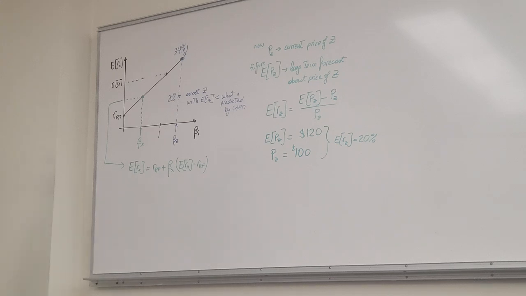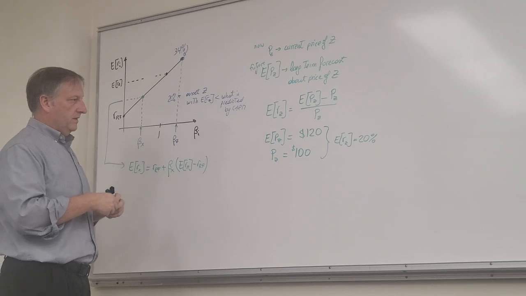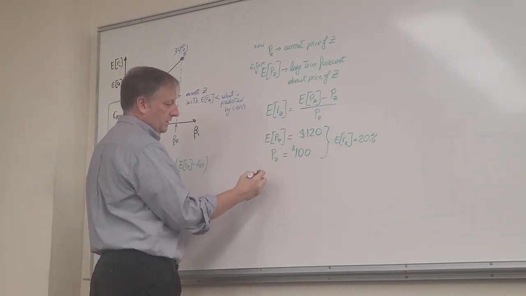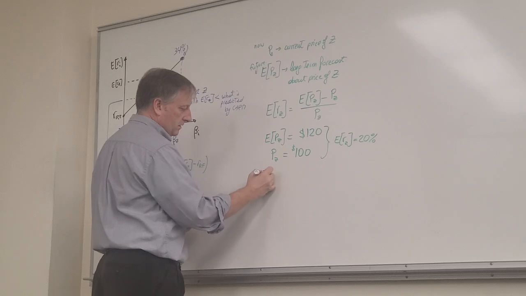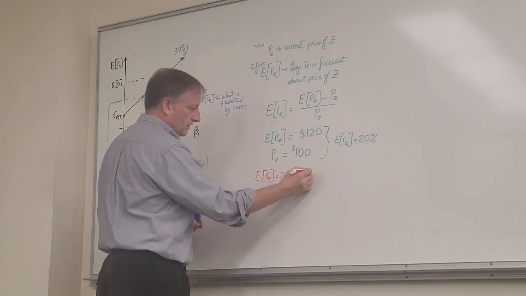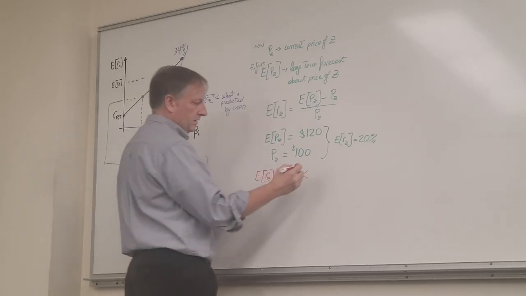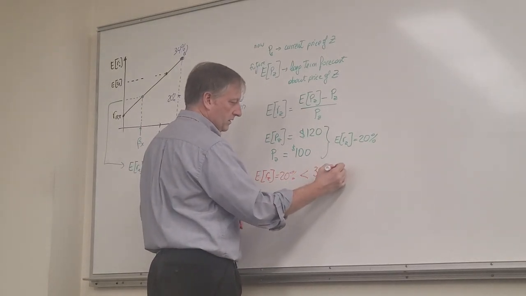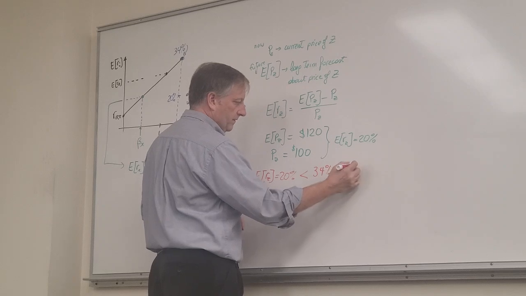So you realize that your forecasted return on Z, which is 20%, is less than 34%, which is what is fair.